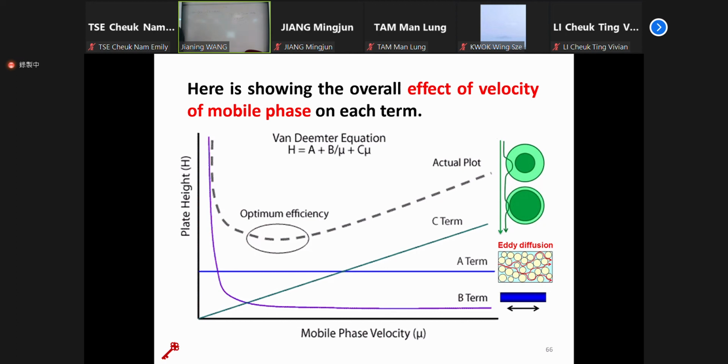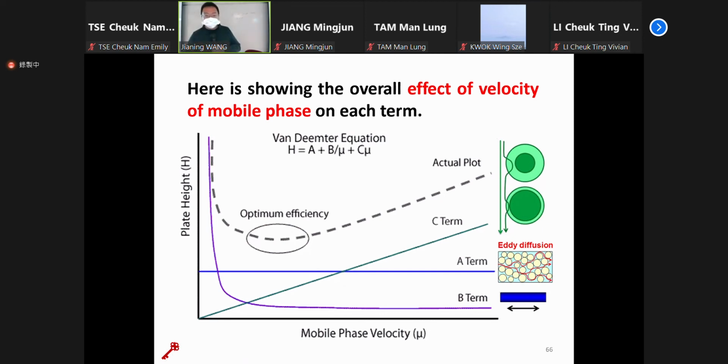So for each term, the A term is unrelated to the flow rate, right? It is only affected by the packing geometry. So the A term is a straight line, because here we have the x-axis using the mobile phase velocity.